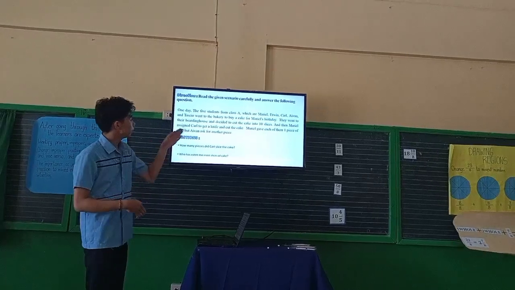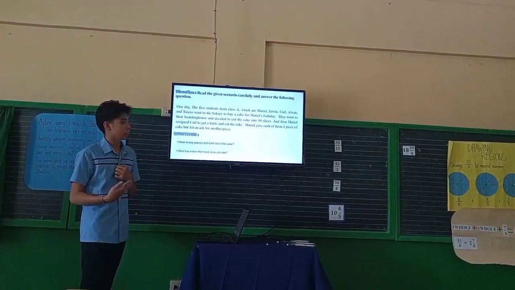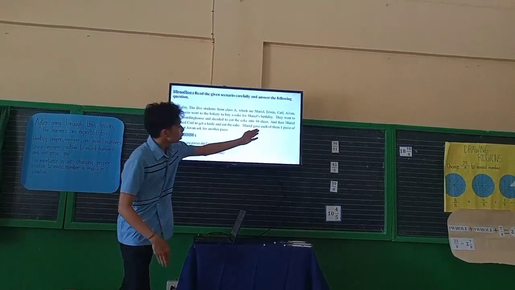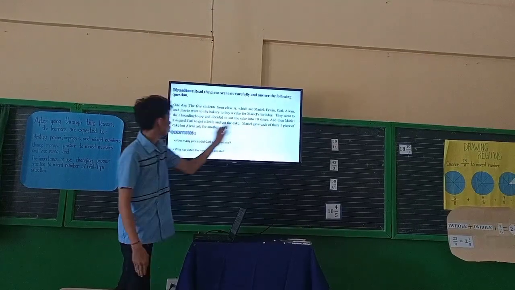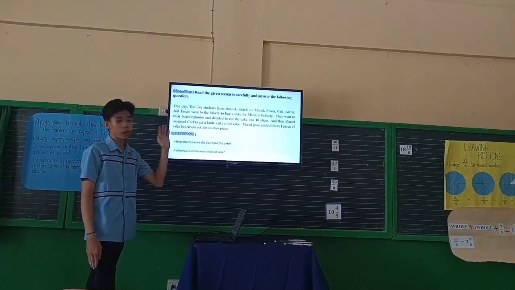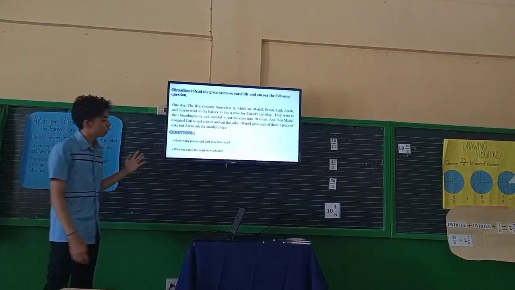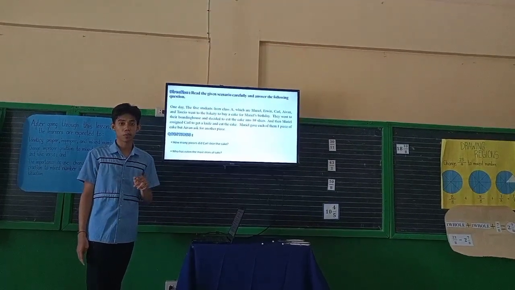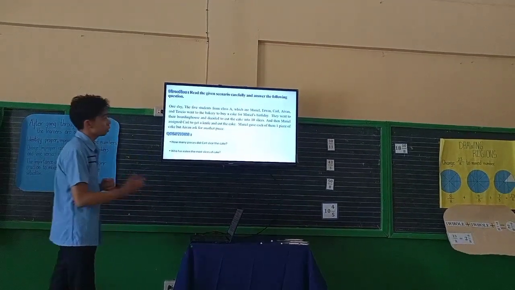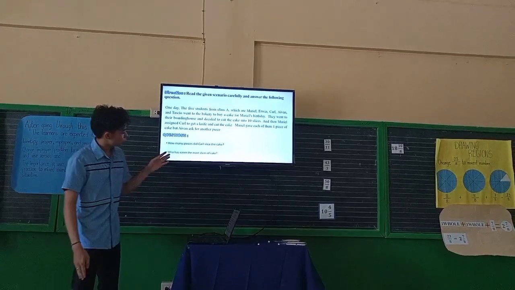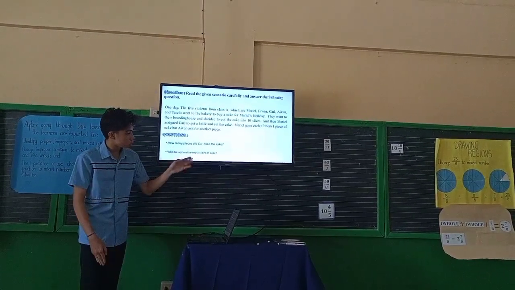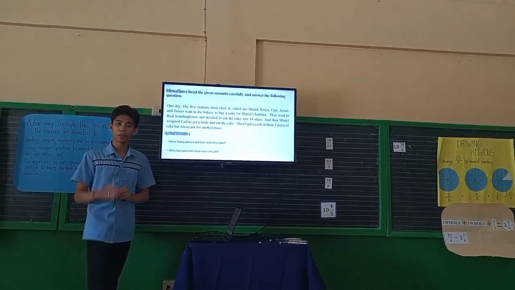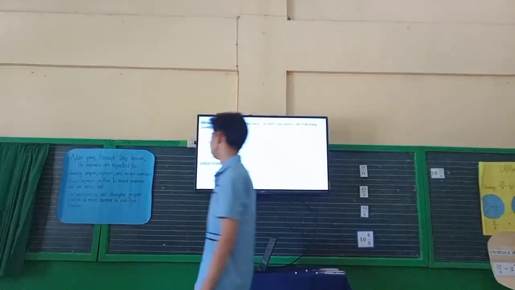And then, Mariel assigned Carl to get a knife and cut the cake. Mariel gave each of them one piece of cake, but Ivan asked for another piece. The question: how many pieces did Carl slice the cake? Alright, it's 10 slices. And number 2, who has eaten the most slices of cake? Very good, it's Ivan.